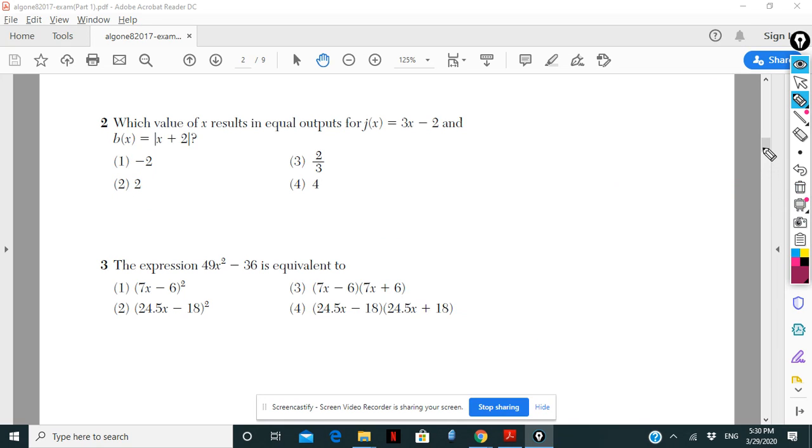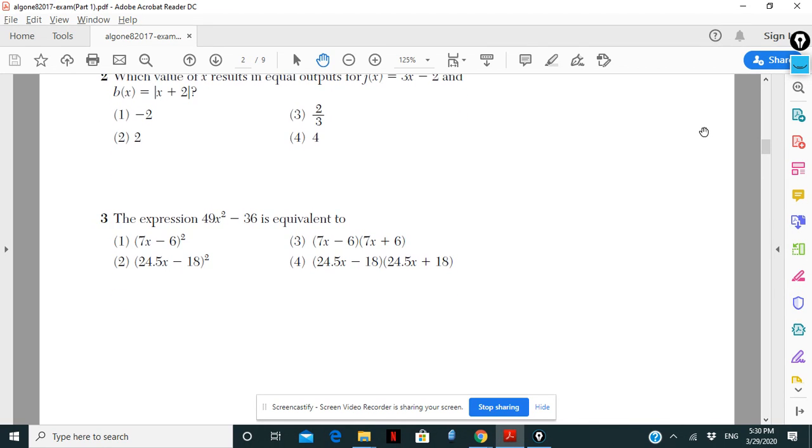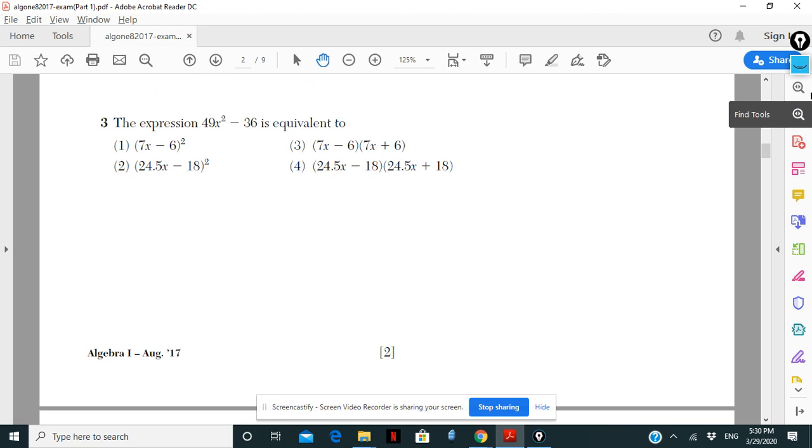Now we are in question number 3. We wanted to know which expression is equivalent to 49x² − 36.